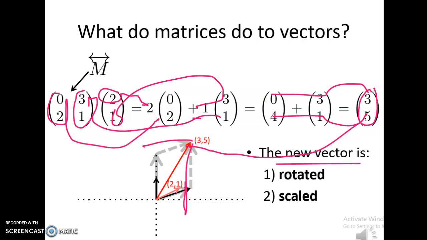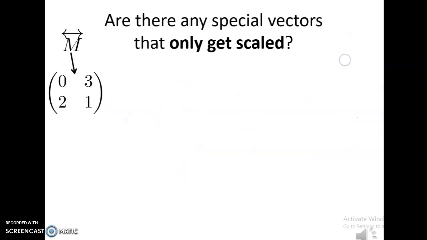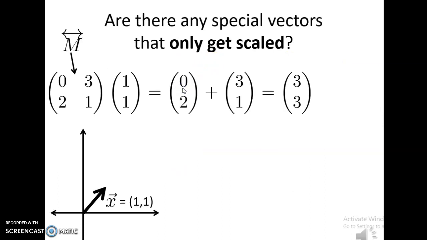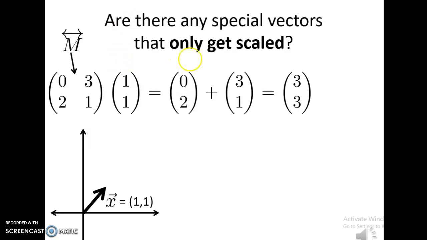The new vector is rotated and scaled. We can rotate, and we can scale.